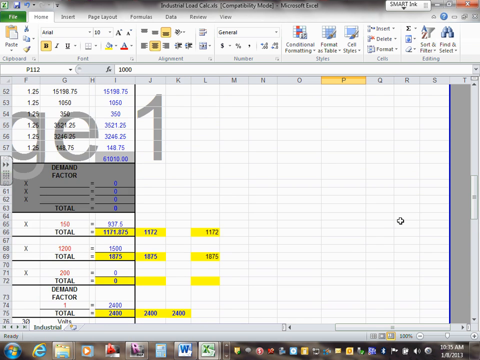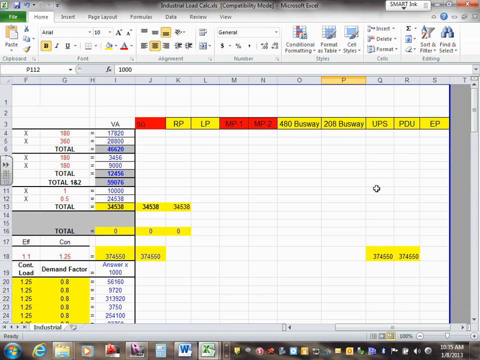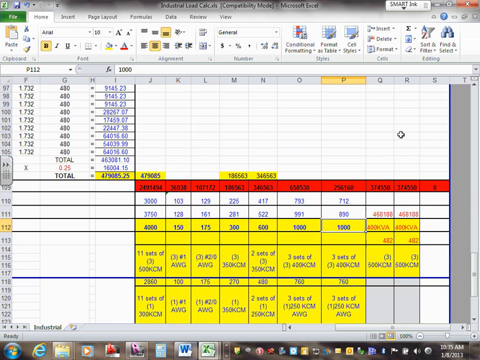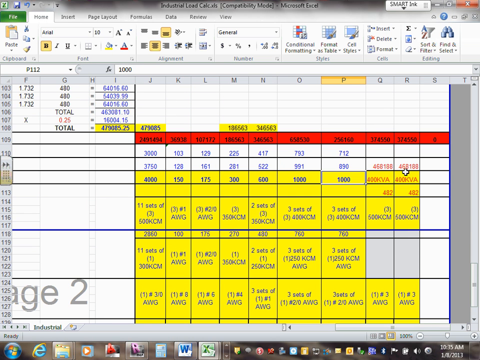Then the last two things that might confuse you guys, UPS and PDUs. The UPS and PDUs, we size them based on KVA. So here's the size that I came up with right here. Right now, the size larger than what I have, so I will go look at the size here. I'm going to go right here because I changed it into 500 KVA.